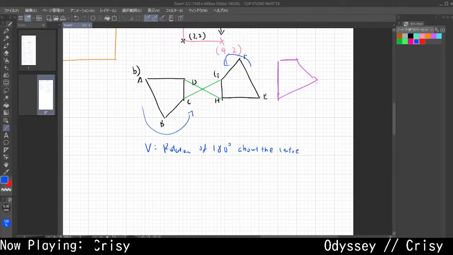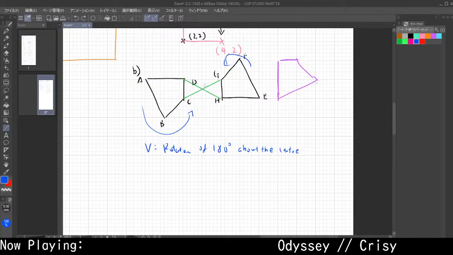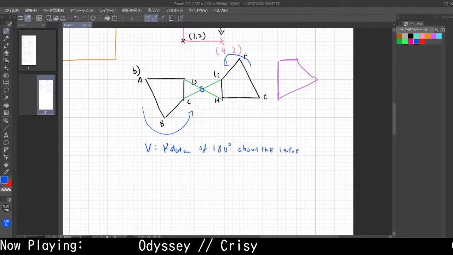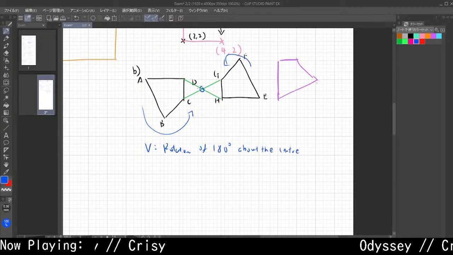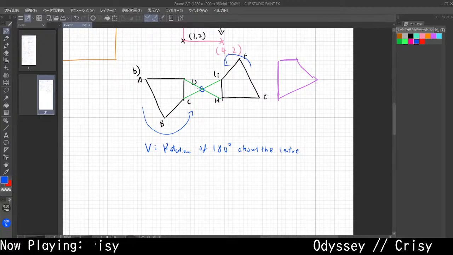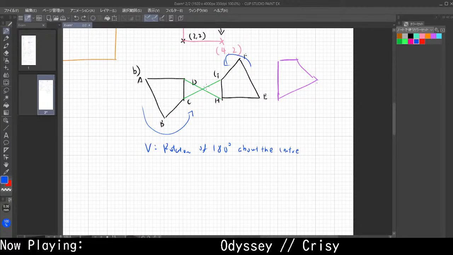So this particular point over here is your center of rotation. If it's 90 degrees, then it's maybe more involved, but in this case it's 180, so you just need to do that basically. Okay, so this point will be the center of your rotation.